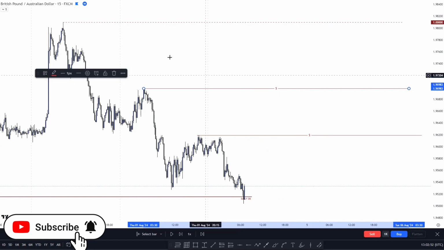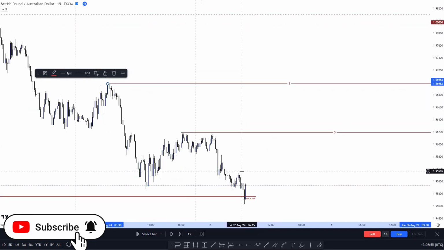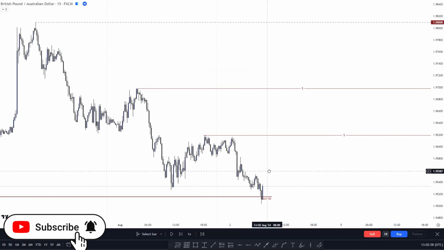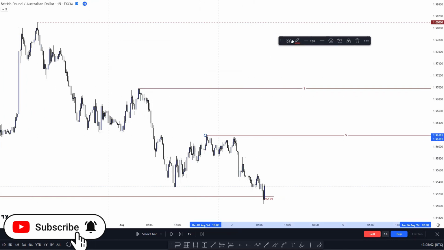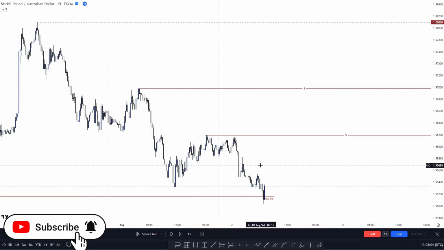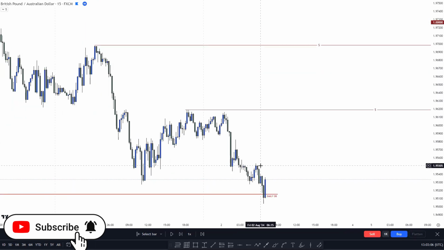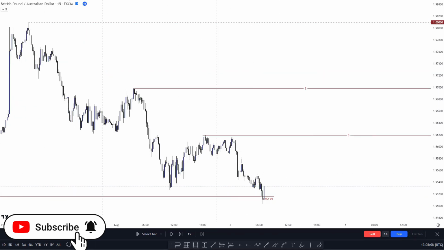At this level, I was waiting to target those levels as my big profit level. So basically, when price came all the way down to my daily order block, what I had to do first was identify my liquidity.